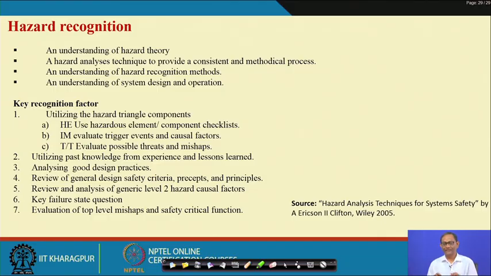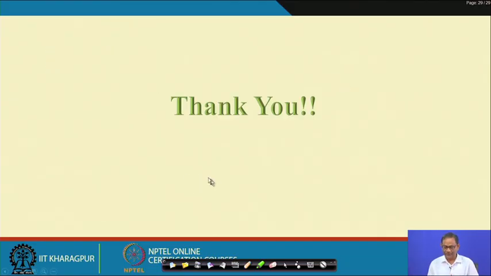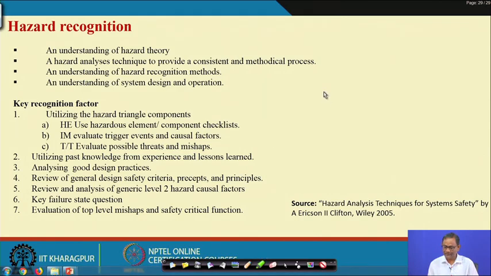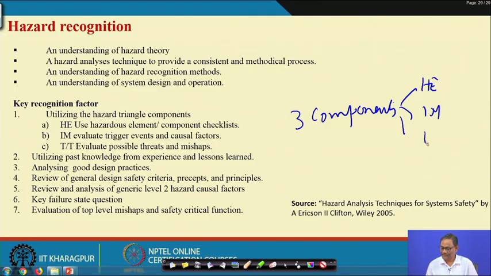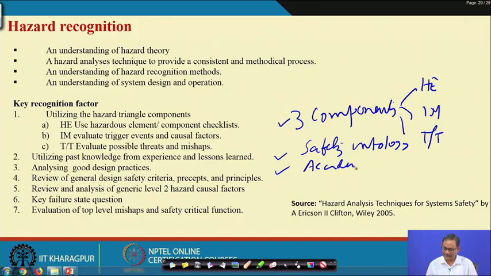You have learned the three elements or three components of a hazard: hazard element, initiating mechanism, and target and threat. You have understood safety ontology, causal accident path, and causal factors.